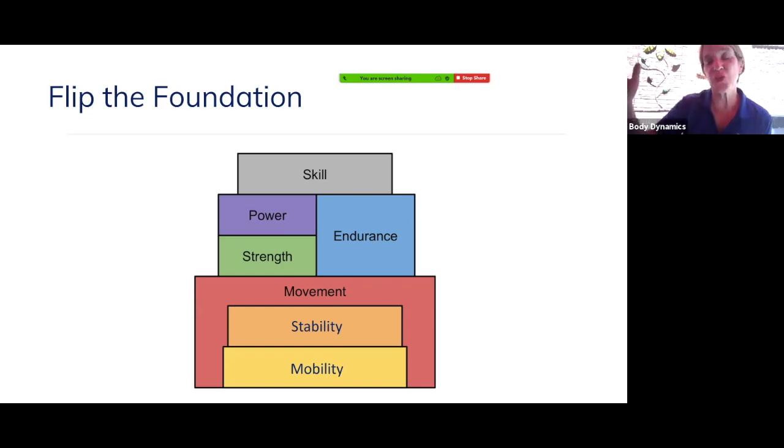Once you've achieved a good foundation of moving what's stiff and stabilizing what is weak, then you can add in strength, power, endurance, and then finally athletic skill. So these are the building blocks of good functional movement.